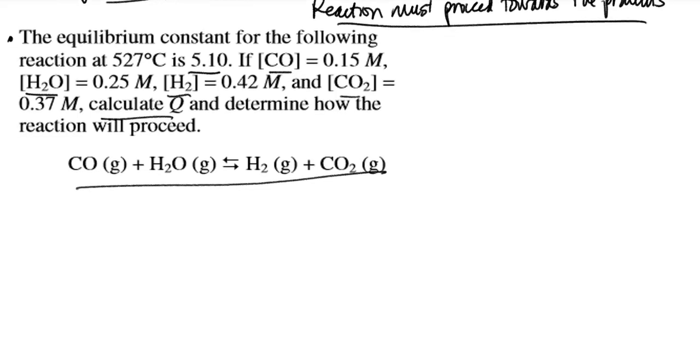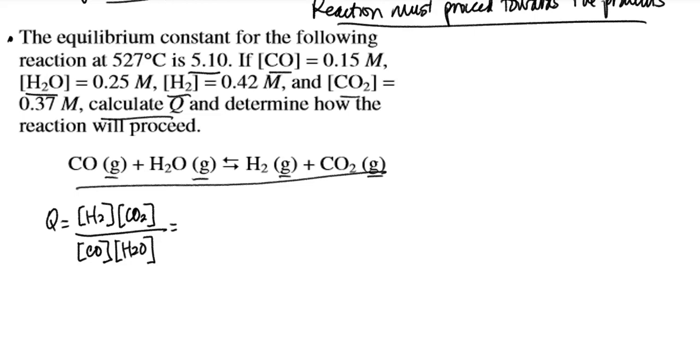And so I would have to apply the law of mass action. So Q would equal, and if we look, every single reactant and product is a gas. And so that means everything should be included when we apply the law of mass action. So again, taking products over reactants, that would be my concentration of hydrogen, multiplied by my concentration of carbon dioxide, divided by my concentration of carbon monoxide, and my concentration of water vapor.